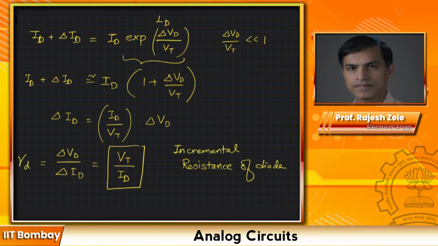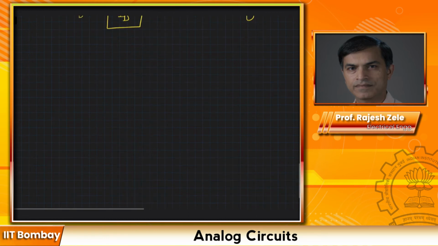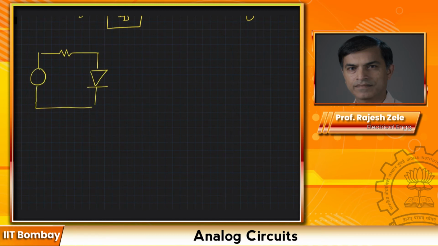Now we will put everything together. So pay close attention. Originally we started off with a DC operating point that looked like this. So this is plus minus V in, this is your R, and this is plus minus Vd. And then we figured out what the ID was, or we also call it biasing.